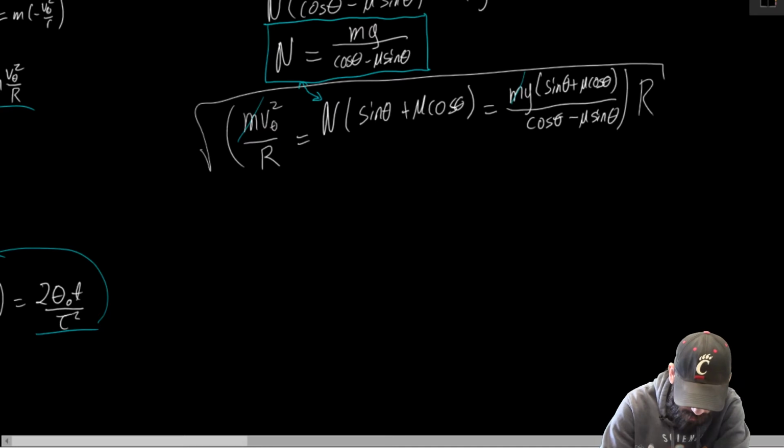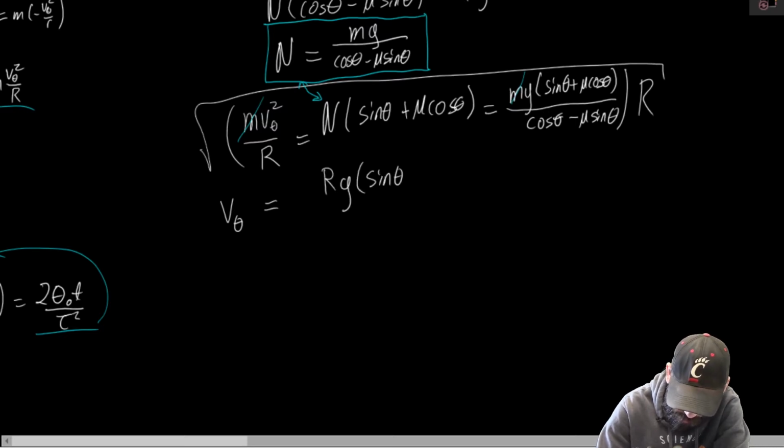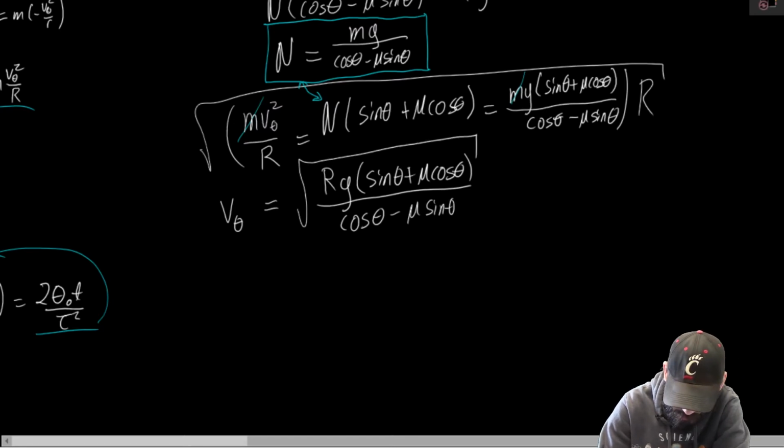Okay? So what we see in the end is v theta is going to be equal to r times g times sine of theta plus mu cosine of theta divided by cosine of theta minus mu sine of theta, and the whole thing under a square root.